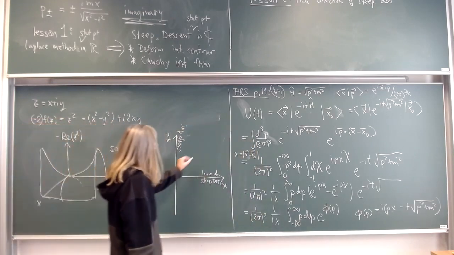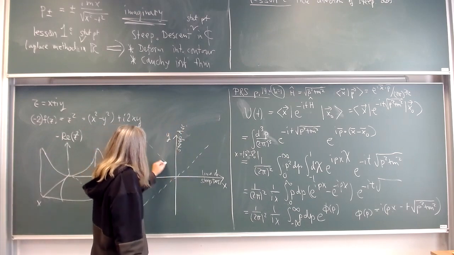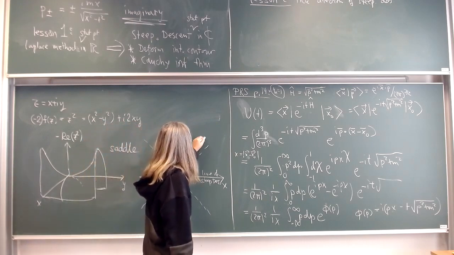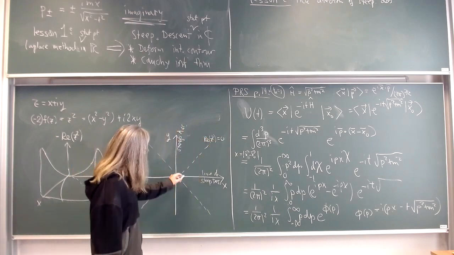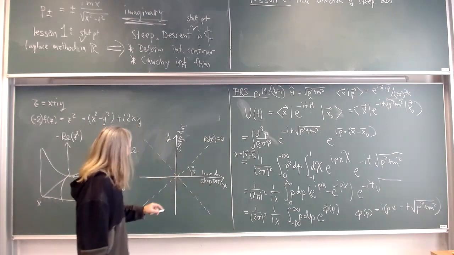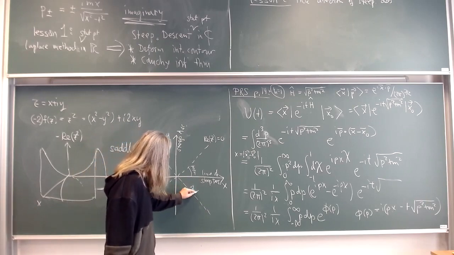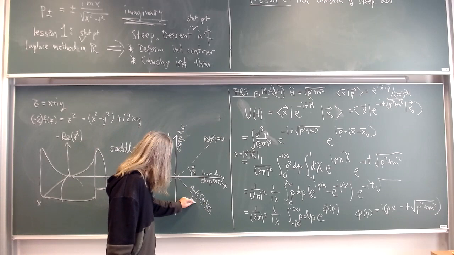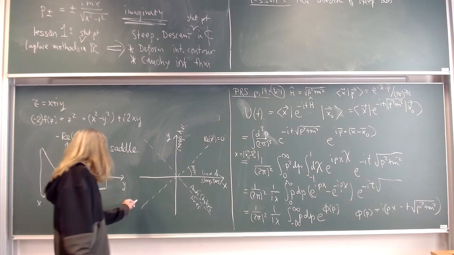And let me also draw two lines here, which is where the real part of the function is 0. This is at 45 degrees. Here they will call them anti-Stokes lines. And there will be another one here.